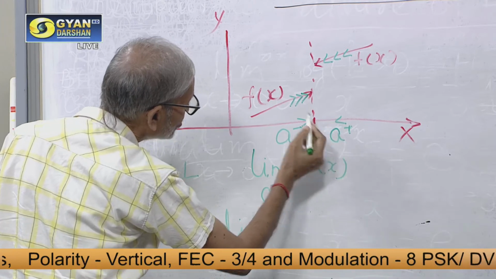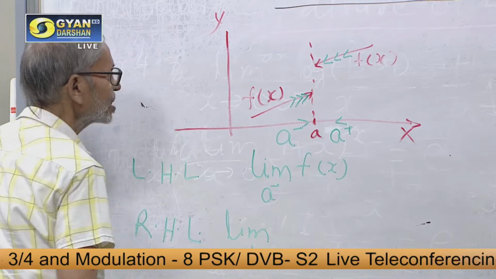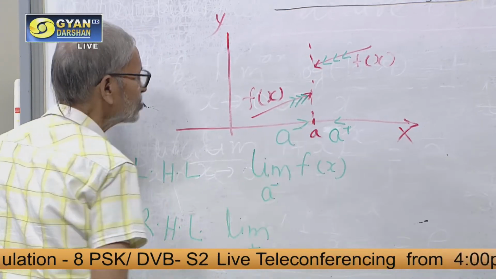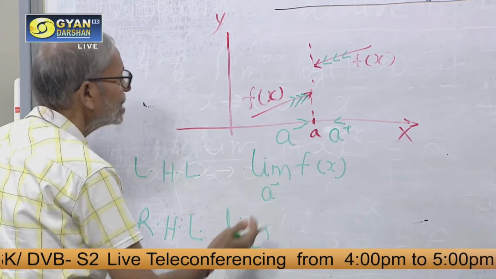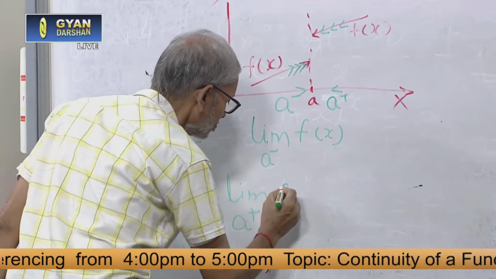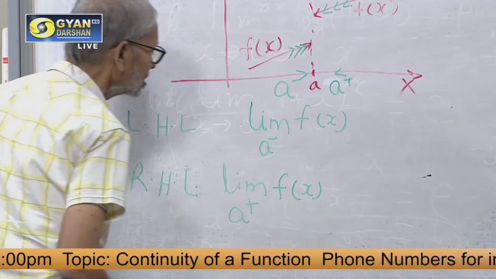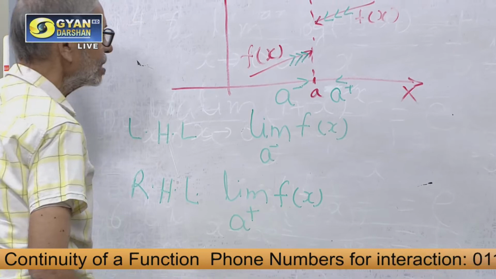Now, we are approaching towards a. So, what will the value of function f x be? This is a concept, you do not need to worry, and there is a method how to solve the problems on these. So, this value of f x, this limit will be called right hand limit.